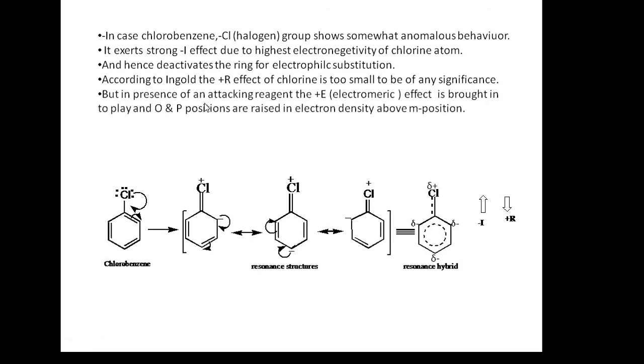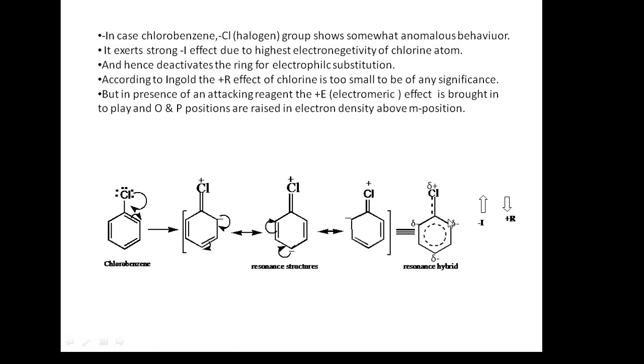But when the attacking reagent, say an electrophile E+, is nearing the chlorobenzene, there will be a temporary electronic effect called the electromeric effect, and hence ortho and para positions are raised in electron density above that of the meta position.